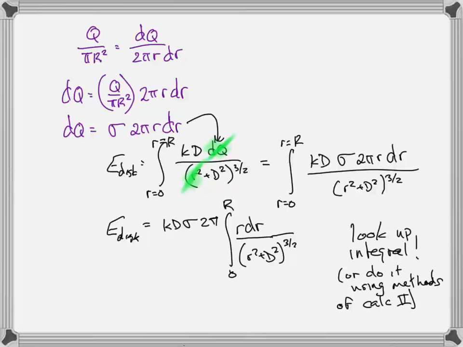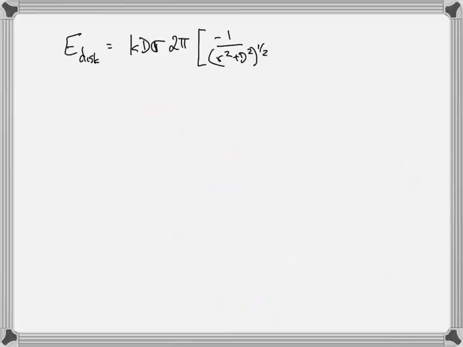Actually, if you remember a little bit of Calc 2, let me just tell you, this is not a hard integral to solve because it is just substitution. You say u equals r squared plus d squared, so that du is equal to 2r dr, and then you can make this substitution for u and this substitution for r dr, and then it's an easy integral to do.